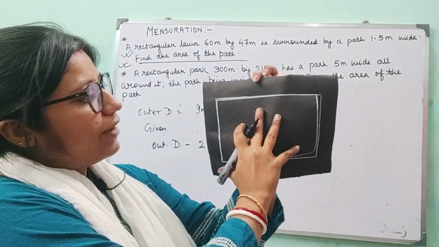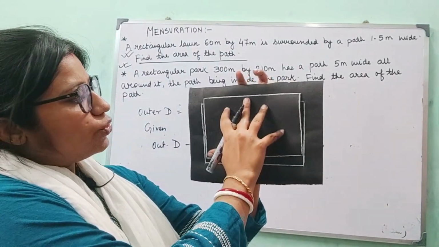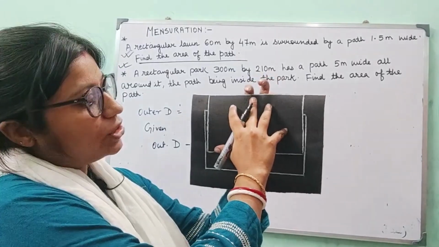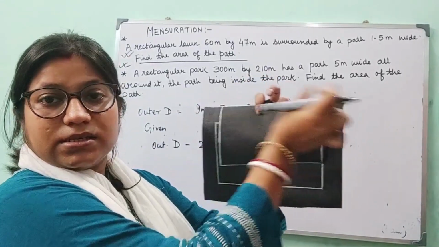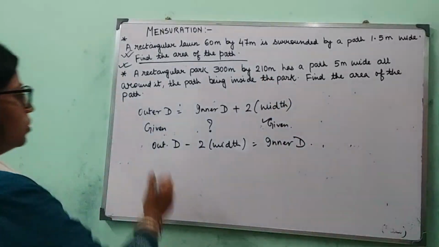If I want to find this white horizontal line, see the relationship with the outer length. If I subtract the width from both the ends, I get the inner length.